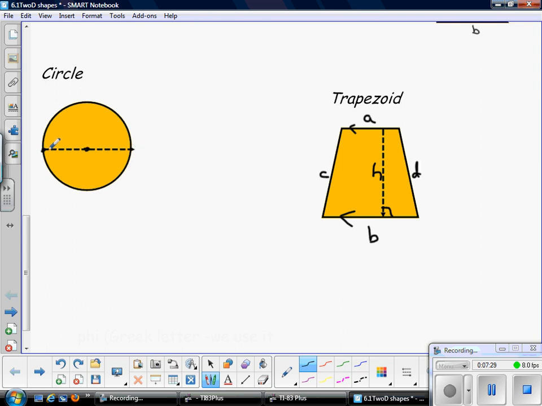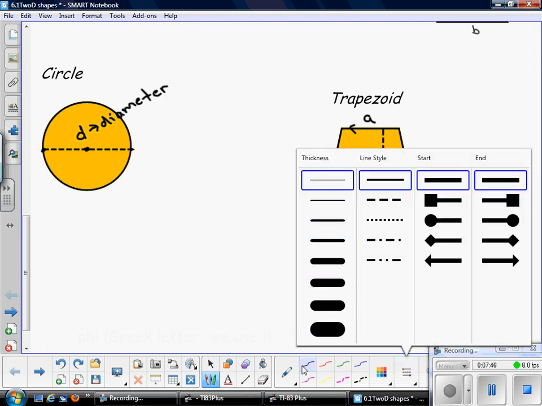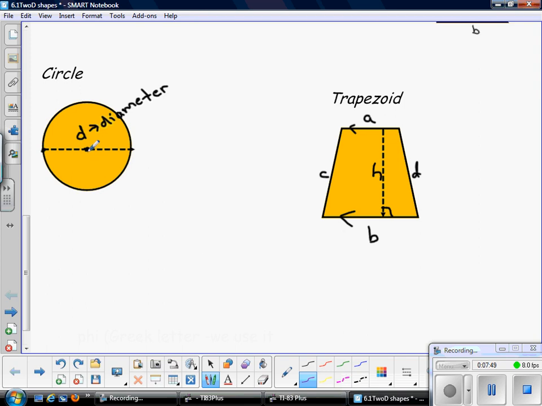So that whole distance is called d, which stands for diameter. And we have formulas that use the diameter, but we also have formulas that use half of the diameter, and we call that the radius. So this would be r. So r is half of the diameter, so radius.